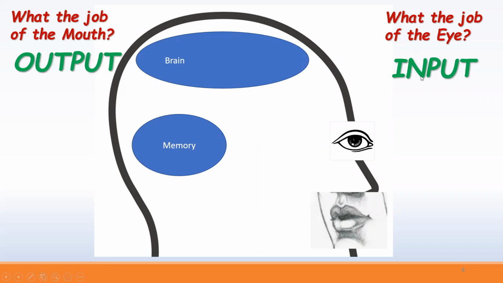What input devices do we have as humans? Can you give me an example? Eyes, hand. Eyes. What else? Ears. The tongue, so you can taste stuff.